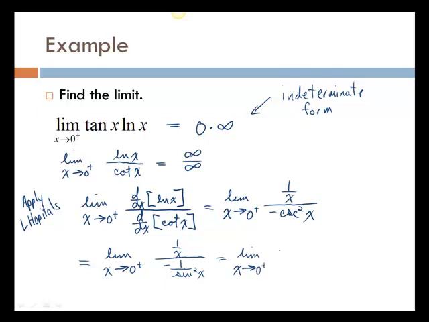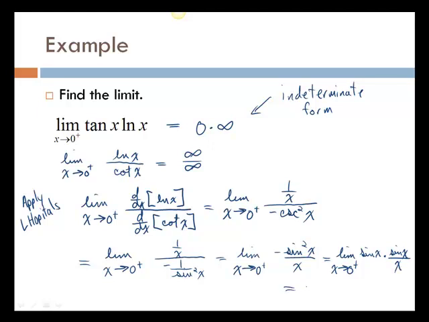This becomes negative sine squared x over x. But we just found the limit of sine of x over x. So I'm going to rewrite this as the limit as x goes to 0 from the right of sine of x times sine of x over x.